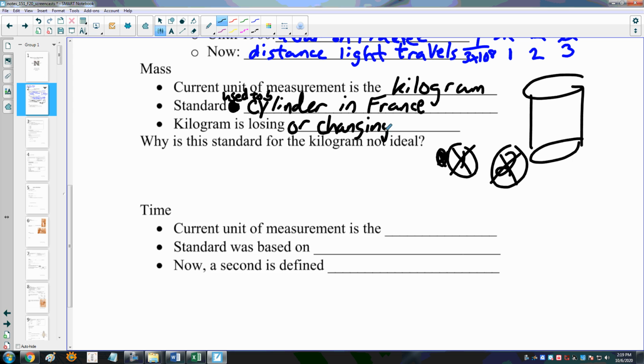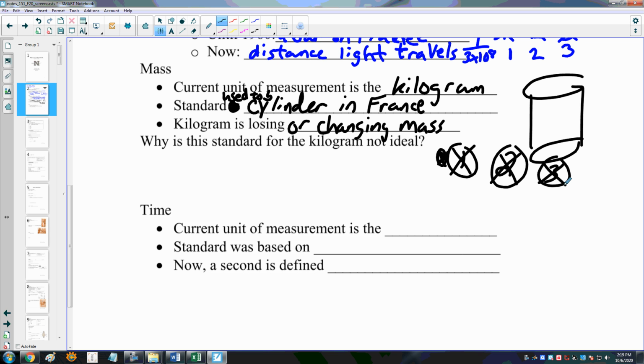Not really known why, but it's thought that either molecules from the air were attaching themselves to the cylinder. They cleaned it periodically, but still it would change mass, or maybe the actual platinum iridium atoms would jump off of the cylinder in some way. It was changing mass very slightly. And then, of course, number 3, is it accessible? It is not accessible.